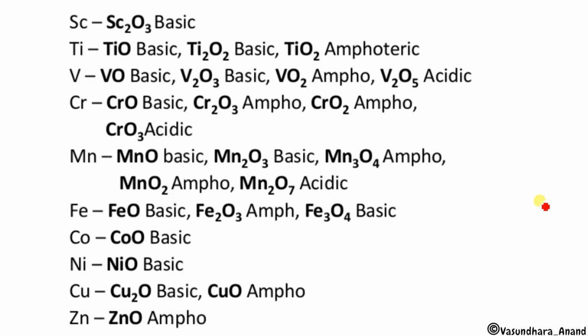These are some examples, you can go through them. Just ZnO, although it is in its highest state, will be amphoteric. You have done a few examples in class 10th, that ZnO, lead oxide, zinc oxide, they are amphoteric in nature. Aluminium oxide too. These are although in the highest oxidation state, but they will be amphoteric in nature. So a few examples I have written over here.